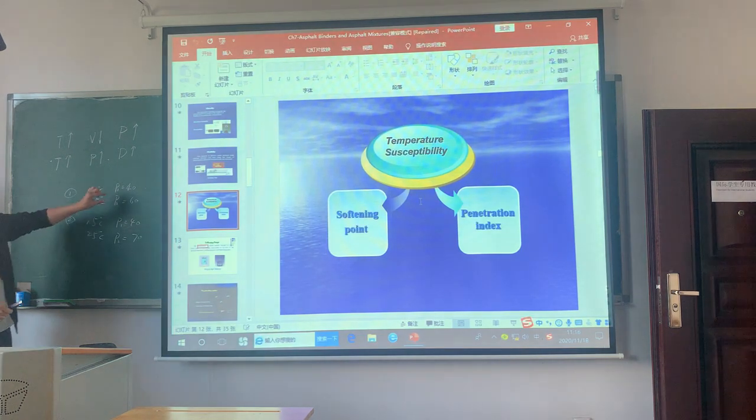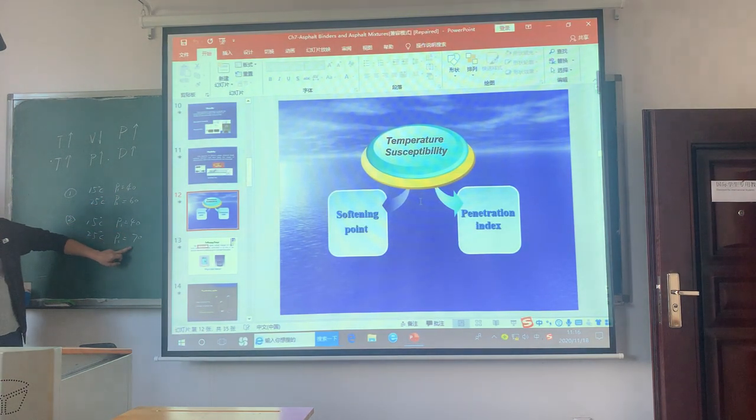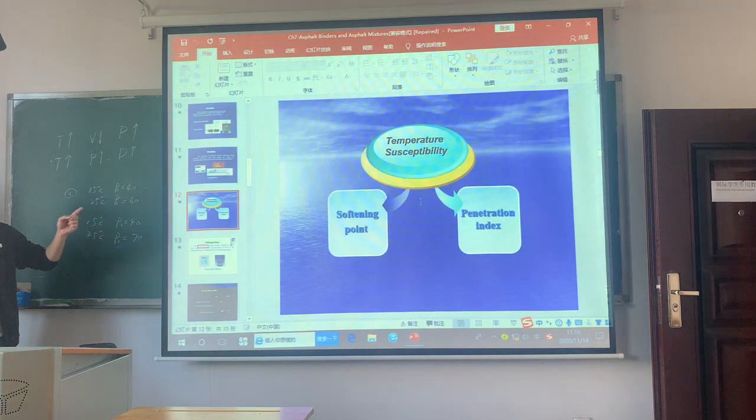If for this one the difference is just 20, but for this one it's 30, the change is much bigger. The change being much bigger means the temperature susceptibility is big.